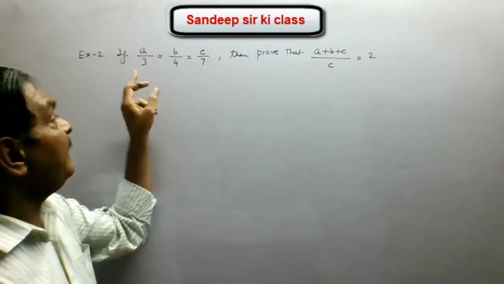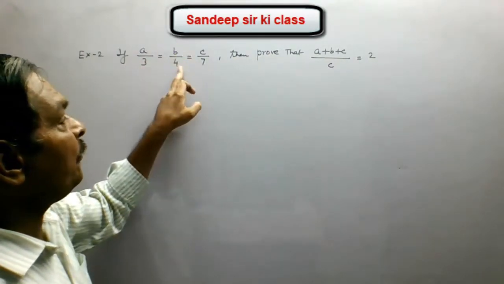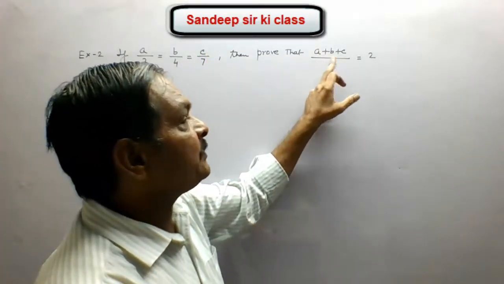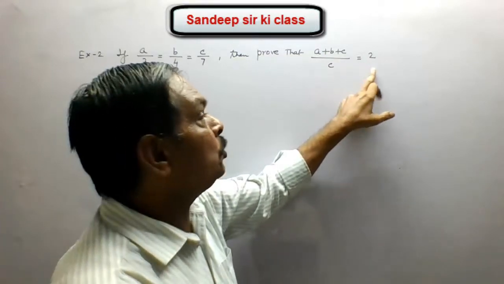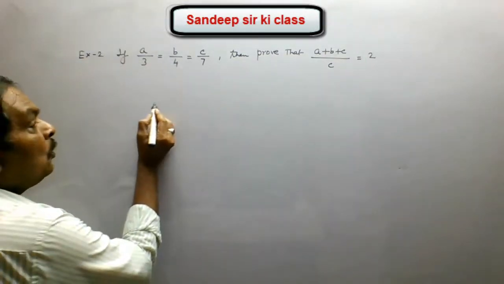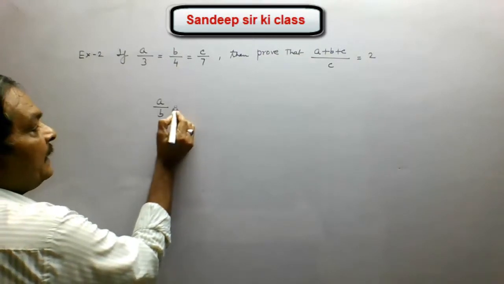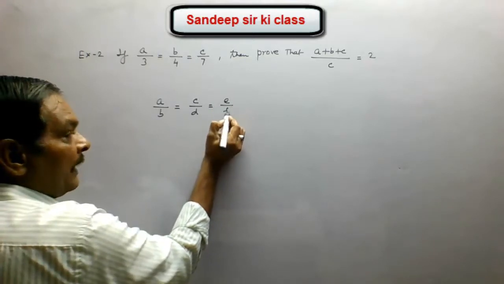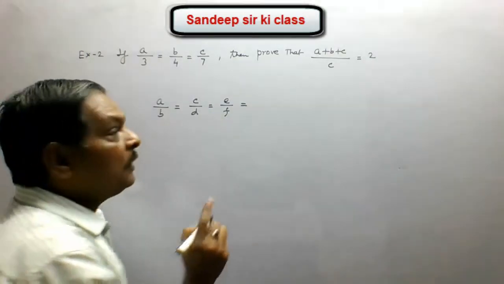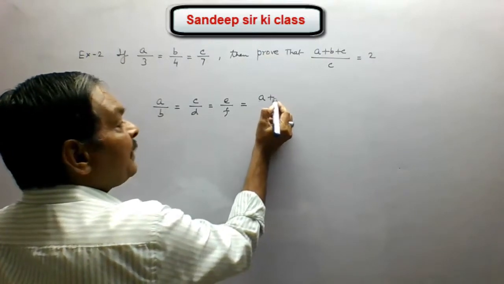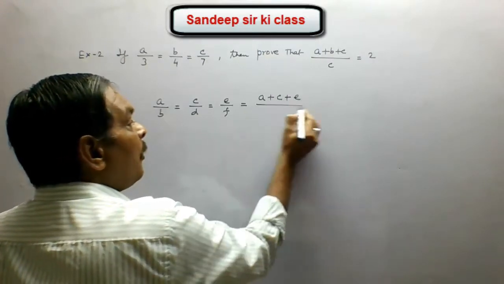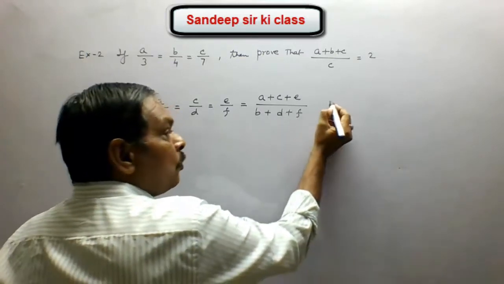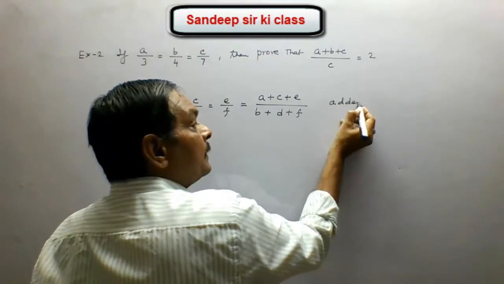Example 2. If A upon 3 equal to B upon 4 equal to C upon 7, then prove that A plus B plus C upon C is equal to 2. Now, we know that if A upon B is equal to C upon D is equal to E upon F, then each ratio is equal to A plus C plus E upon B plus D plus F. This we know is addendo property.